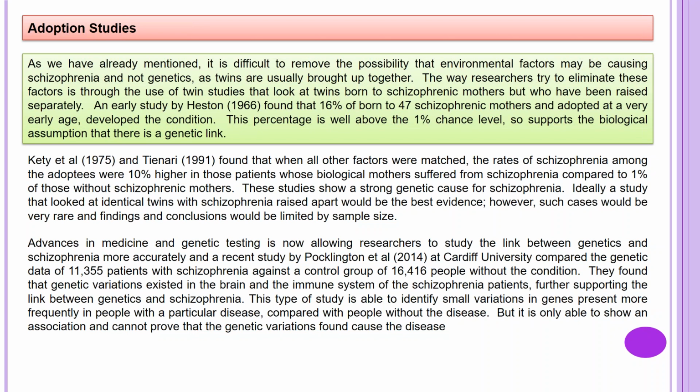They found that the genetic variation existed in the brain and in the immune system of the schizophrenia patients, further supporting the link between genetics and schizophrenia. This type of study is able to identify small variations in genes, present more frequently in people with a particular disease, compared with people without the disease. But it is only able to show an association and cannot prove that the genetic variation found caused the disease.